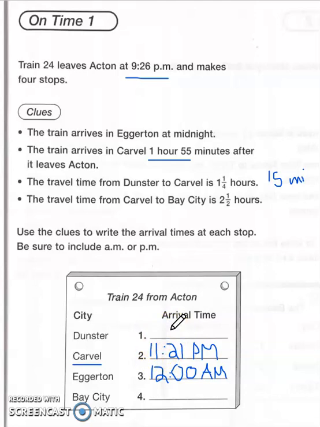If I take 15 minutes off of 11:21, that would be 11:06. And then an hour off of 11 would be 10. So that means we're leaving at 10:06. And that's PM still.